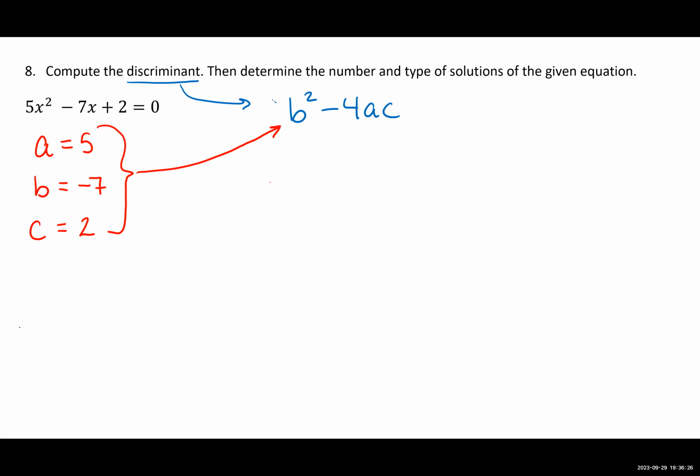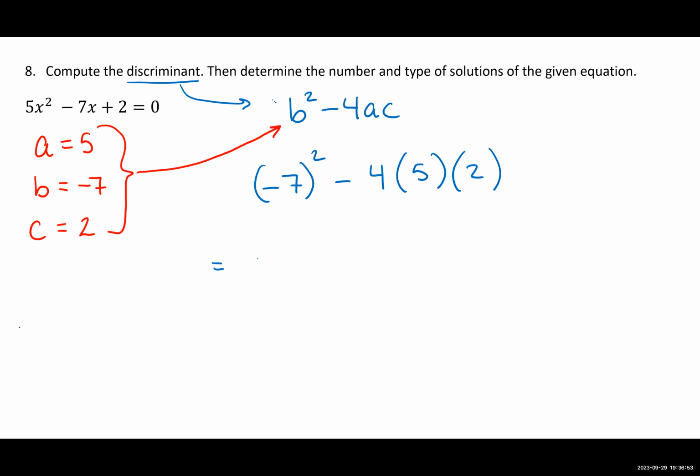So b squared is negative 7. Let's go back to blue. So that's negative 7. That's the b. We square that. Minus 4 times a, which is 5, times c, which is 2.